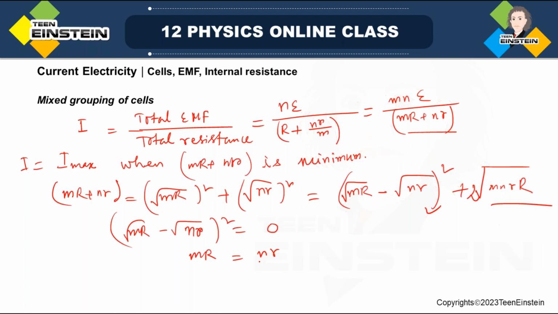So this is the condition: capital R is equal to n r by m.